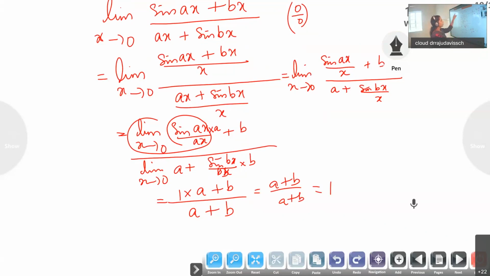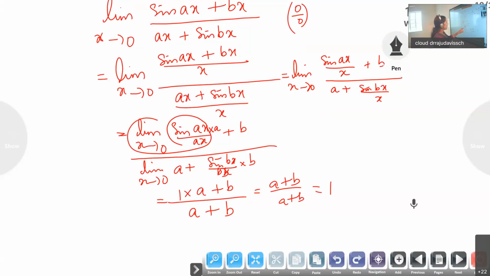Is it clear, children? What we are doing here is dividing the numerator and denominator by x. Next step, we are splitting this: ax by x plus bx by x, by ax by x plus sin bx by x. Sin ax by ax means we can use the identity, but here we have x, so you multiply and divide by a. b we are leaving as such because no x term is there, it is a constant.